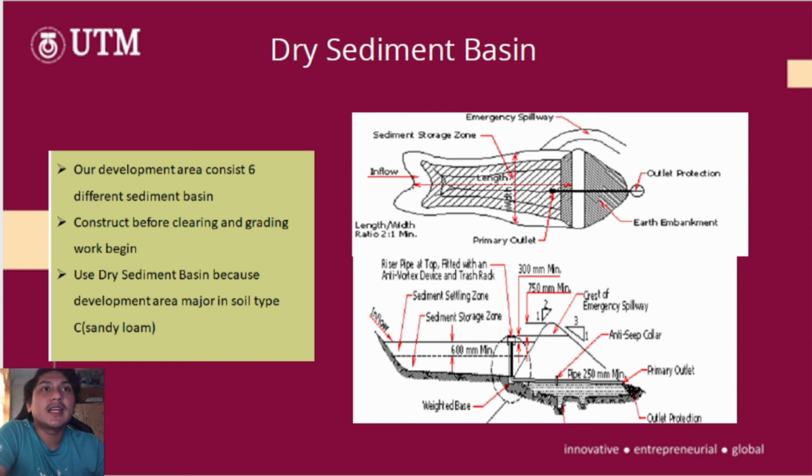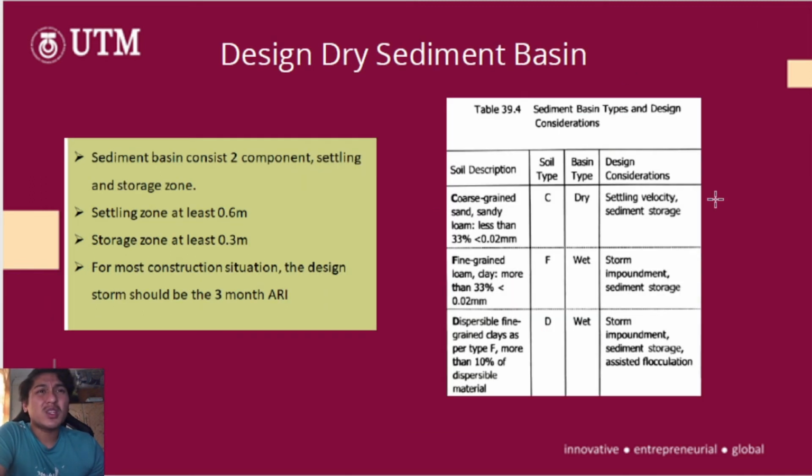We use dry sediment basins because the development area is mainly sandy loam soil, as I stated before. So I will explain the design procedure for the dry sediment basin.